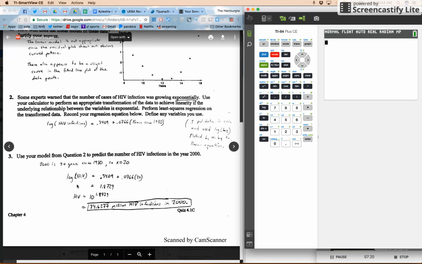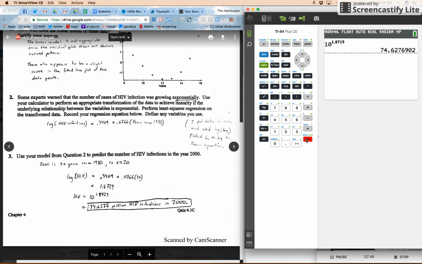And I can show how to actually do that manipulation in class, but I don't have it written on this paper here. And if you took Algebra 2, or if you have taken pre-calculus, you should know how to do this already. But then all you need to do is put in your calculator 10 to this power. So I just showed up over here real quick, 10 to the 1.8729 power.